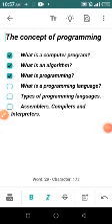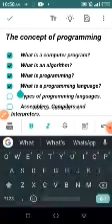And the thing with assembly language is that it represents the zeros and ones, the binary codes of machine language, with alphanumeric symbols called mnemonics.